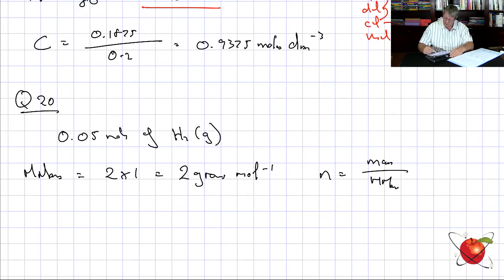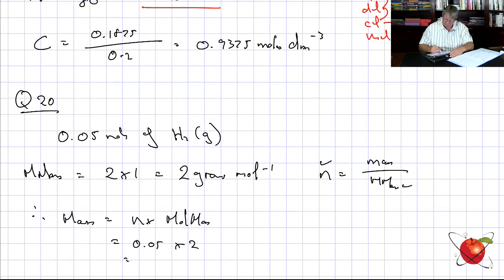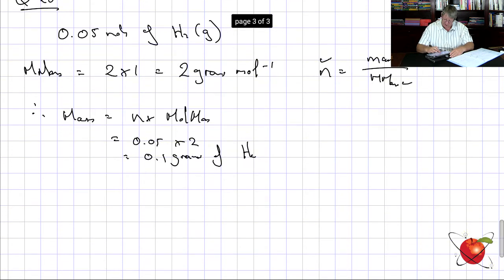All right, so if I've got n and molar mass, I can work out mass. It is n times molar mass, which is 0.05 times 2, which is 0.1 grams of H2. All right, it's quite a small amount.